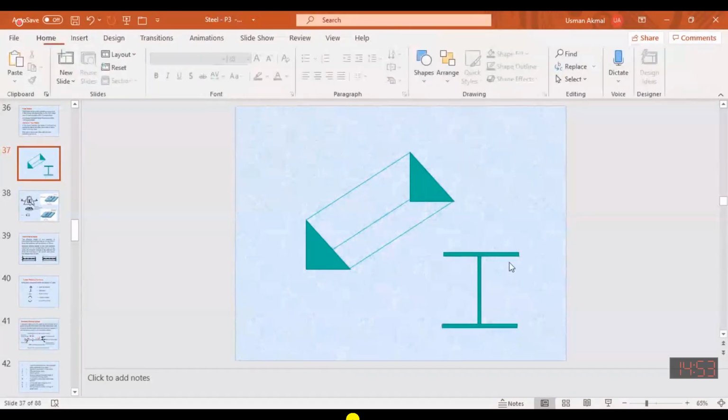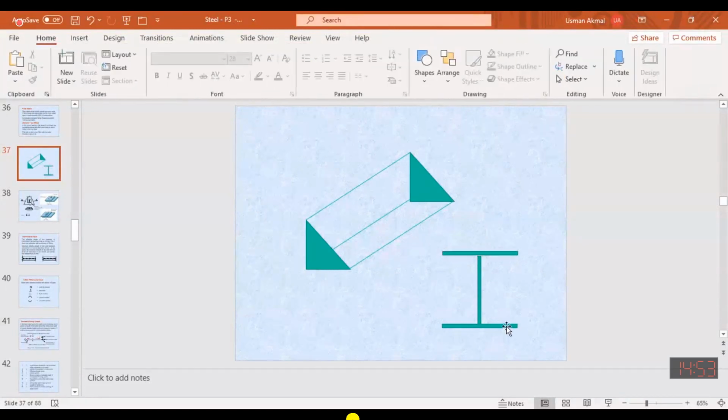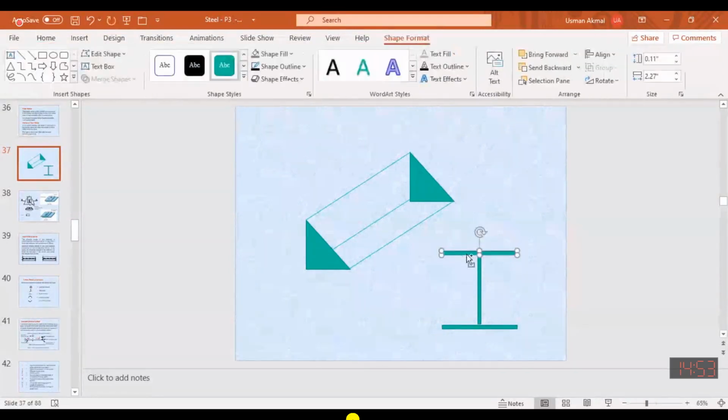Okay, let's suppose I want to connect these 3 plates to make an I section.